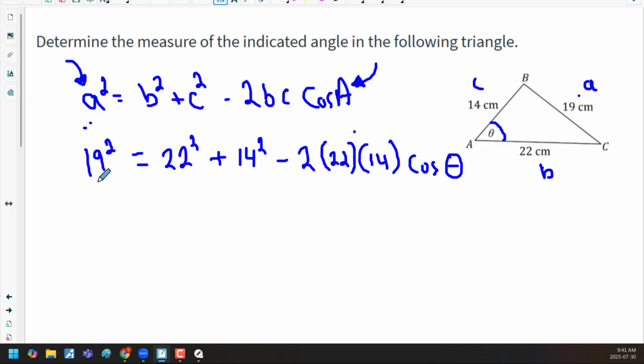What is 19 squared? 361. 22 squared, 484. 14 squared, 196. And 2 times 22 times 14 is 616.